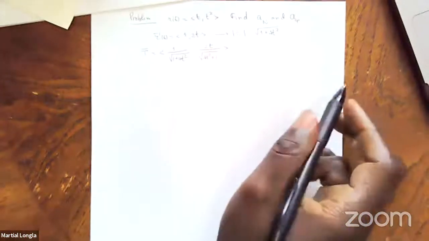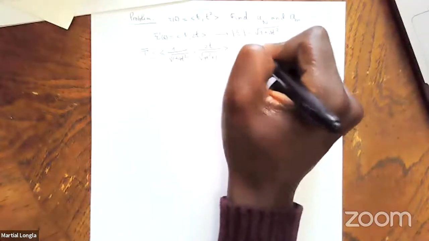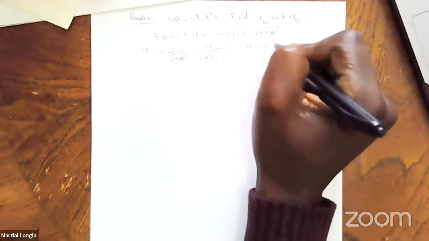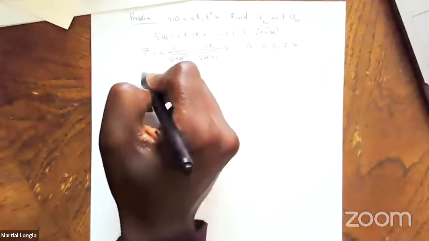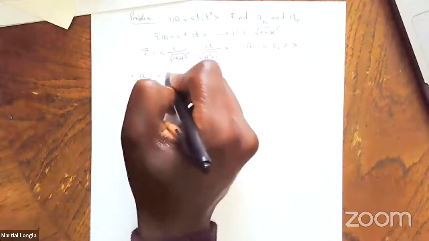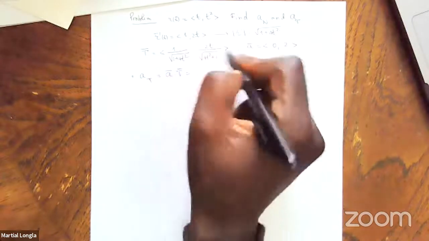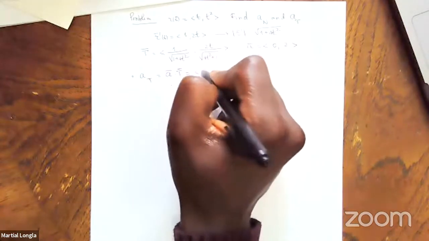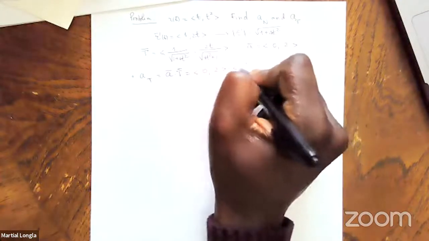And then I found a, which was the derivative of v, and I found that to be 0 and 2 for the components. Very simple. And then a dot T was 0 plus 4t over root 4t squared plus 1. First of all, just write this: that's (0, 2) dot (1, 2t) over the square root of 1 plus 4t squared.